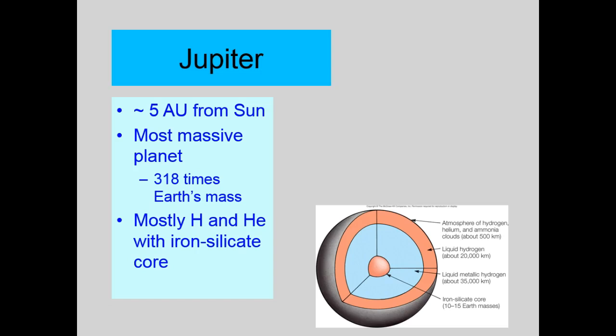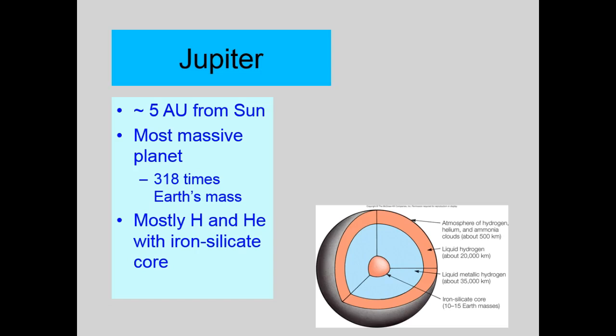Earth's radius: 6,380 kilometers. That's our radius. This is 35,000 kilometers. Talk about big.